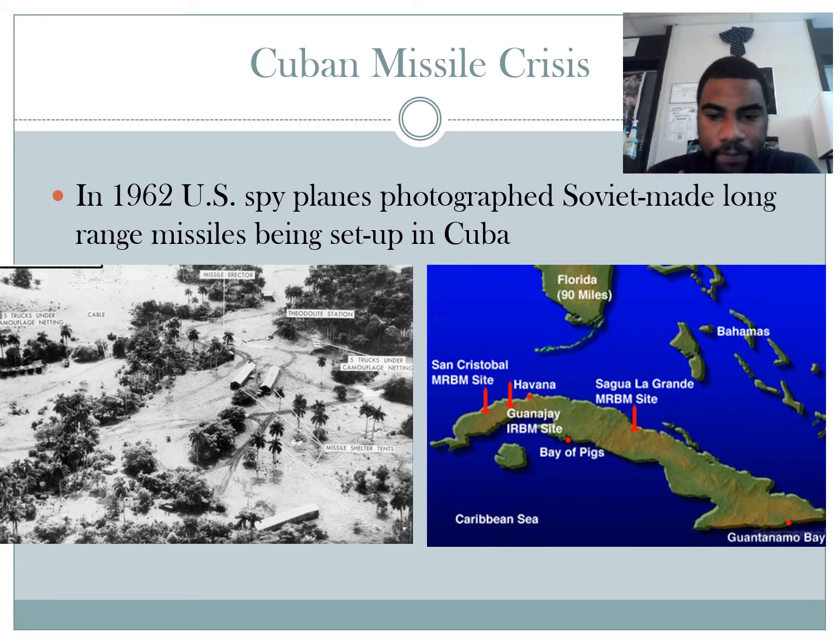All right. And as you can see, that little long strip of land is Cuba. You can see it has the Bay of Pigs outlined there. And then you can also see Guantanamo Bay as well. And look how close it is to Florida. As you can see in that upper section, it's just 90 miles away from Florida.